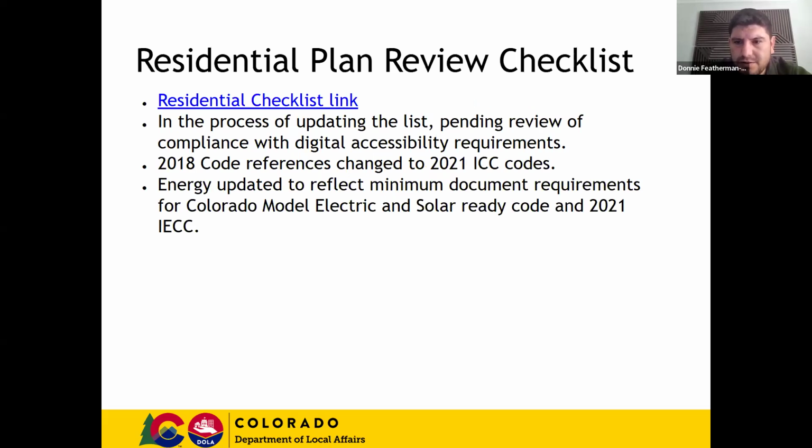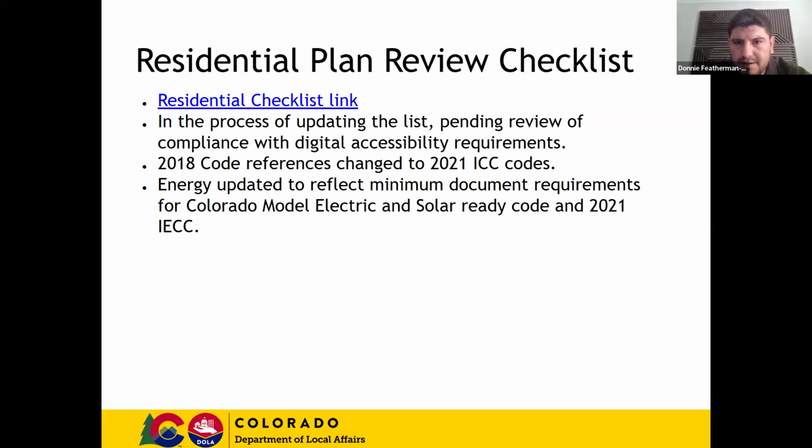Due to state requirements for digital accessibility, we have to make those documents accessible for all users, so it's taken a little bit of time, but we'll get those posted as soon as possible. Just remember that we are under the 21 codes, and we do have some additional codes that have been adopted. You can refer to the administrative rules for what codes have been adopted and what those amendments are.